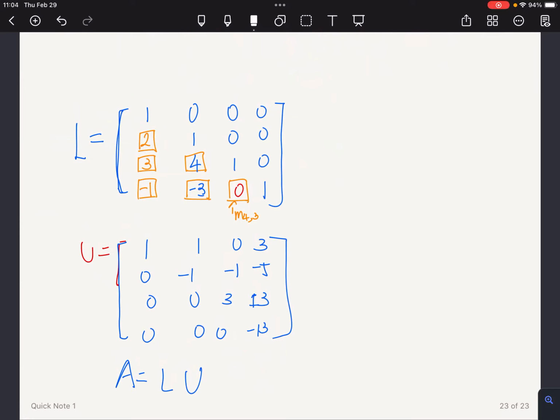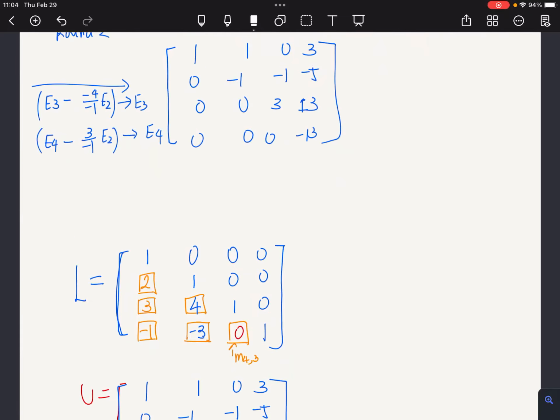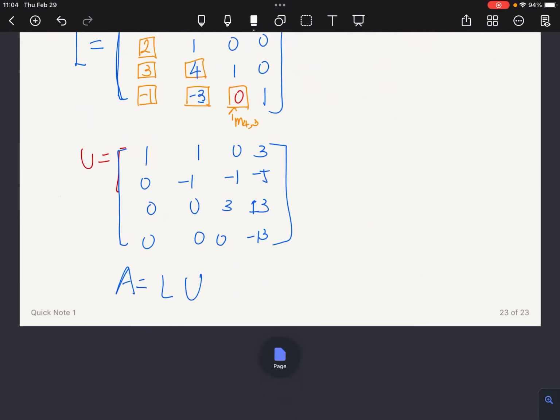After you get the LU factorization, the original purpose of this problem is to solve AX equals B, although I haven't mentioned the A here.